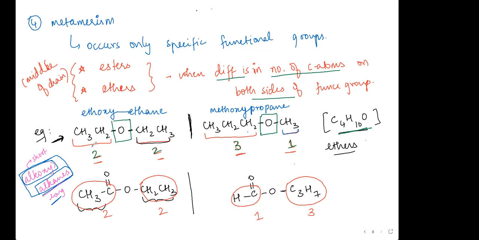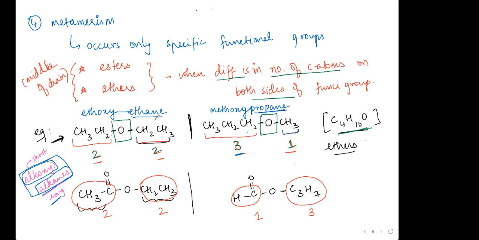In this case, 2 carbons on the left side, 2 carbons on the right side. The number is equal, so it doesn't matter, you can choose any of them. In this case, one side is 3 and one side is 1 carbon, so the longer side is 3. That remains as alkane, so in this case it's propane. In this case, it's ethane.